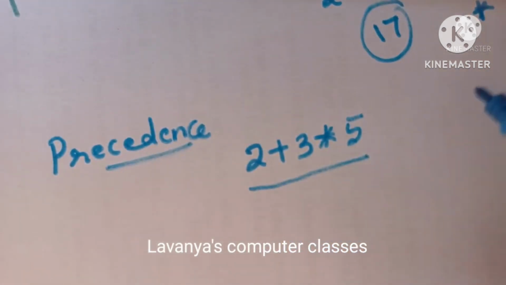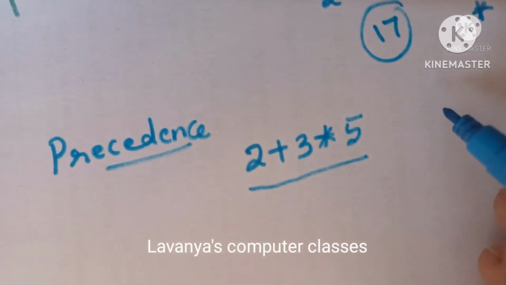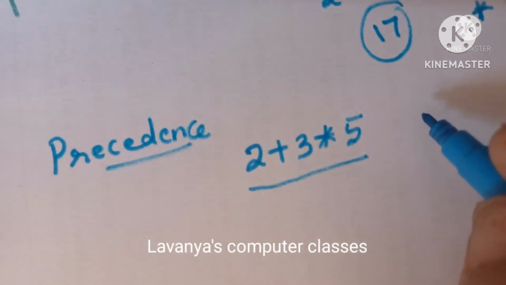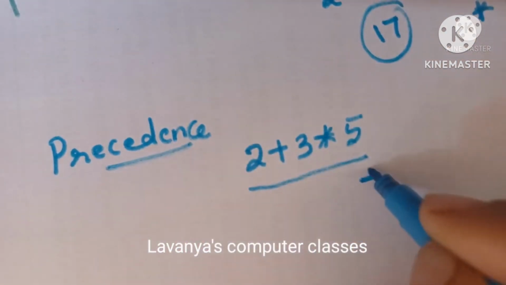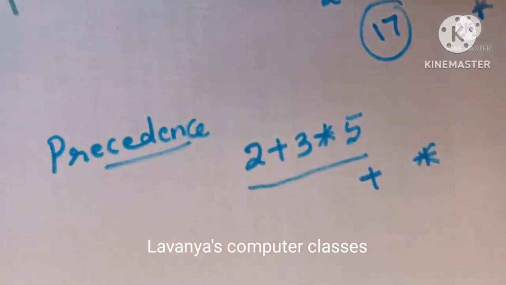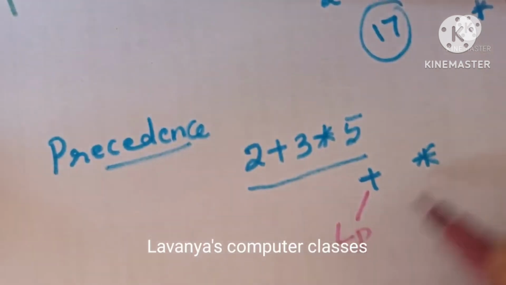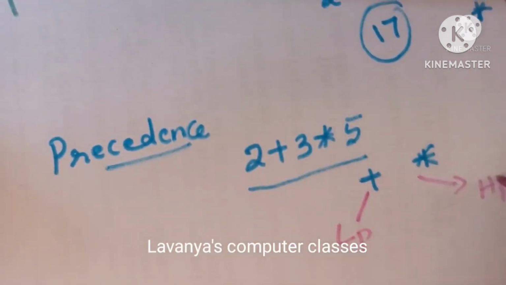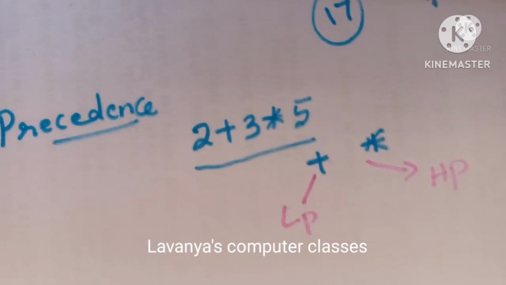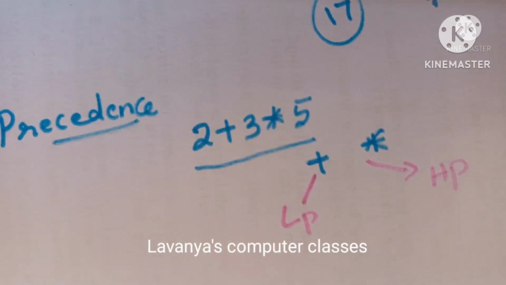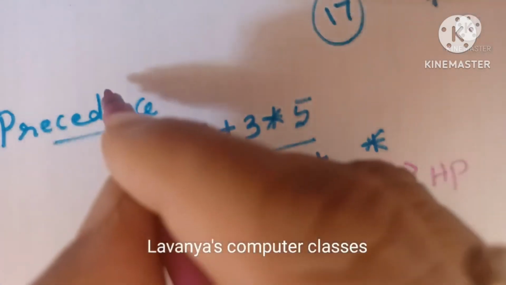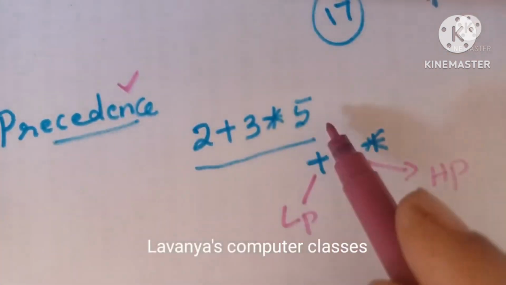So in this example, into is high priority and is executed first, then the low priority operator, plus. That's why the answer is 17. Plus is low priority, into is high priority, so high priority operators are executed first. That is the concept of precedence.